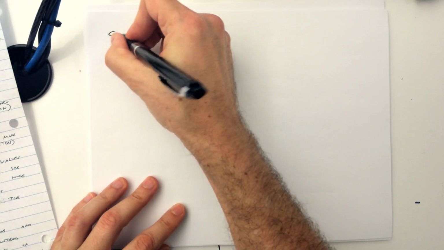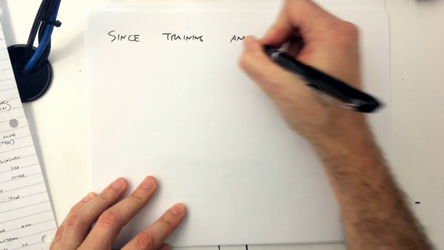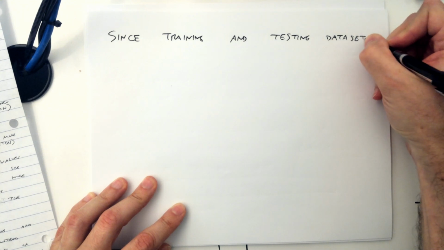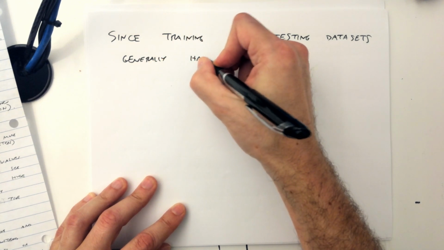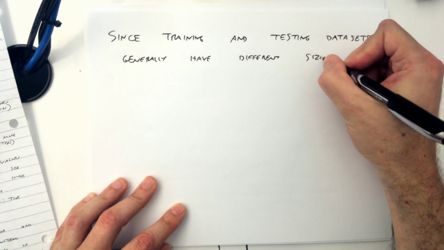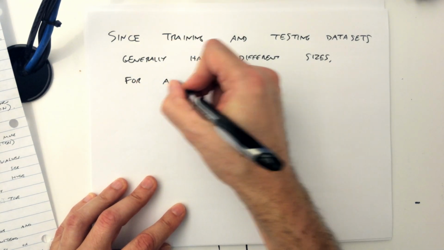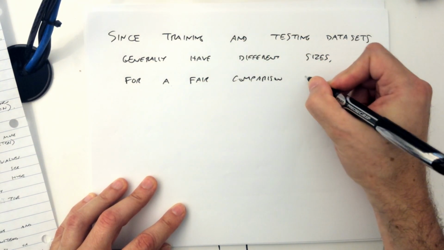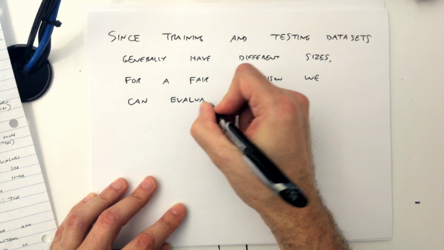So since training and testing data generally have different sizes, for a fair comparison we can measure what's called the RMS error, root mean square.